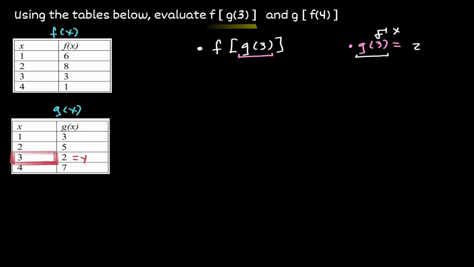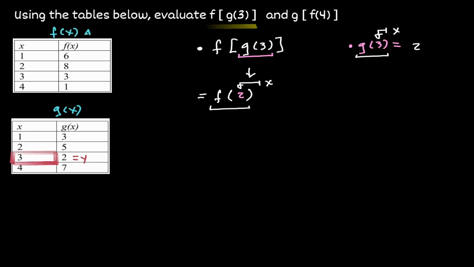Now that we have this information, we can rewrite the composition that we are given. Because g of 3 is equivalent to 2, our composition can be rewritten as f evaluated at 2. Now this becomes another evaluation. We want to go to the function of f and see what the outcome is when x is equivalent to 2.